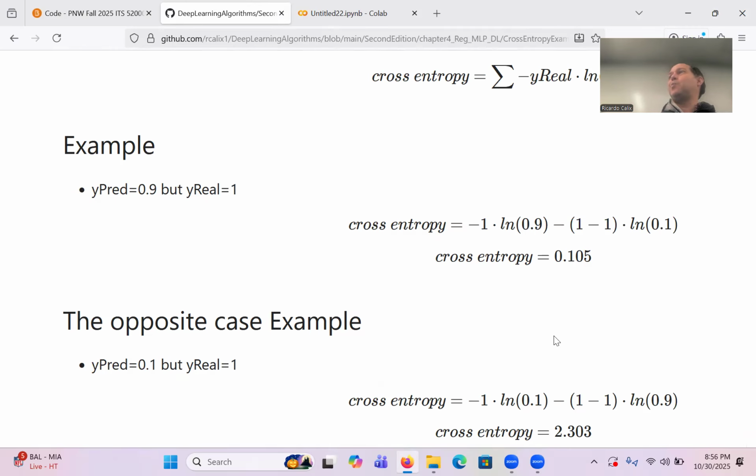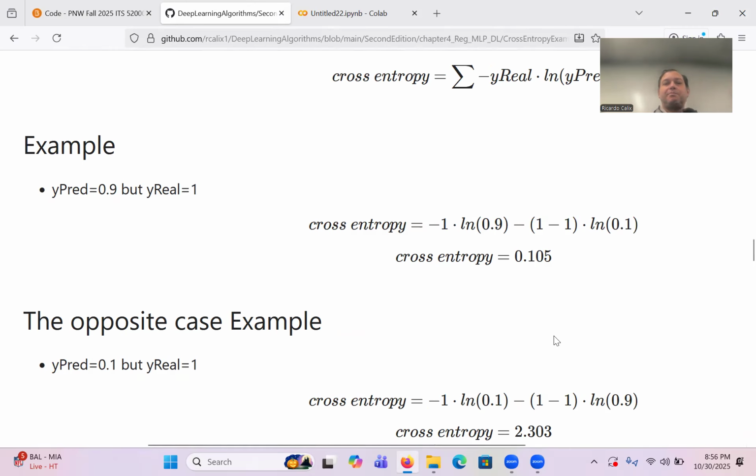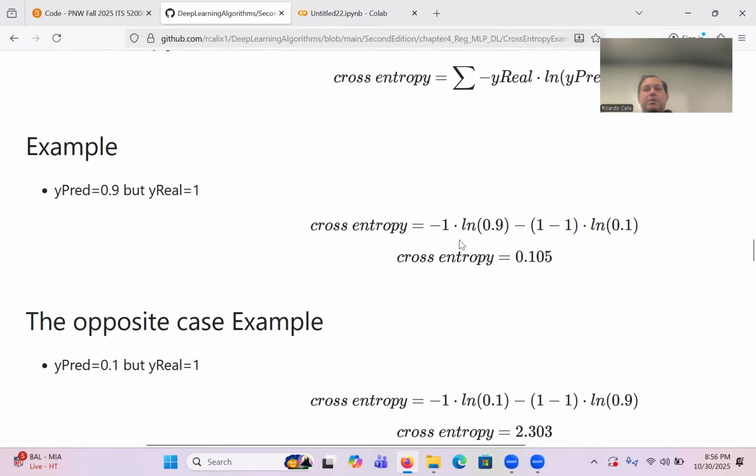So let's look at what cross entropy does here. So cross entropy, you take the real and the predicted. So it's for the outcome. So my negative 1 times logarithm of 0.9, right? That's the case. Plus negative, the other outcome for the binary is going to be if this is 1, then the other one is 0, 1 minus 1.